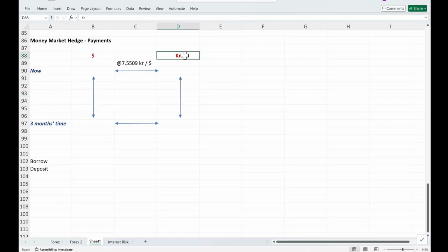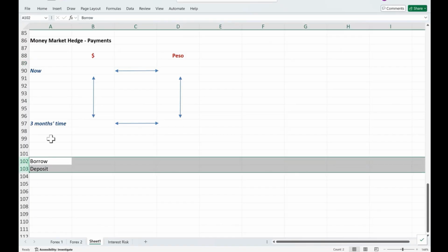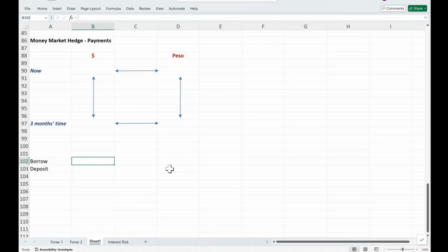So dollar and peso. Always pick the rate first. It's a payment, so we will borrow in local currency, which means we borrow in dollar and we deposit in peso account.